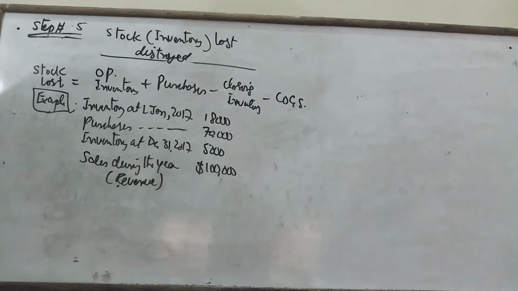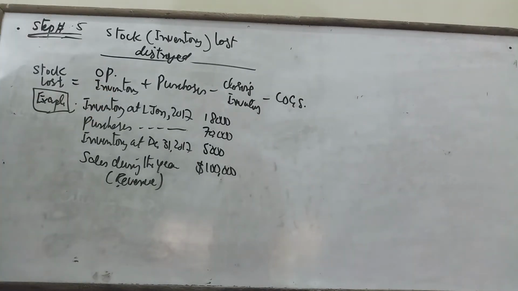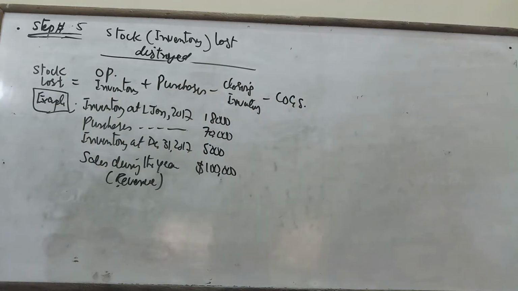So whenever inventory loss is required, you will always be given sales, and you are required to calculate this. How does the examiner give the statement? The examiner will give a statement this way: there is some inventory which was lost at the end of the year, and inventory was only counted in the warehouse or godown, which had a cost of $5,000, and some inventory was lost which is not known.